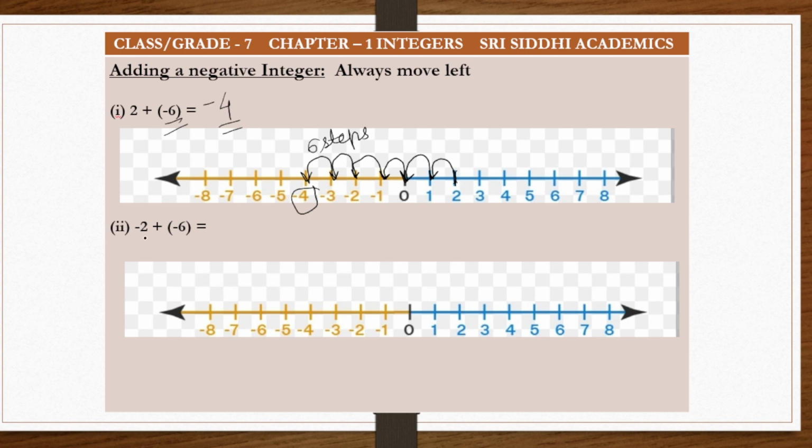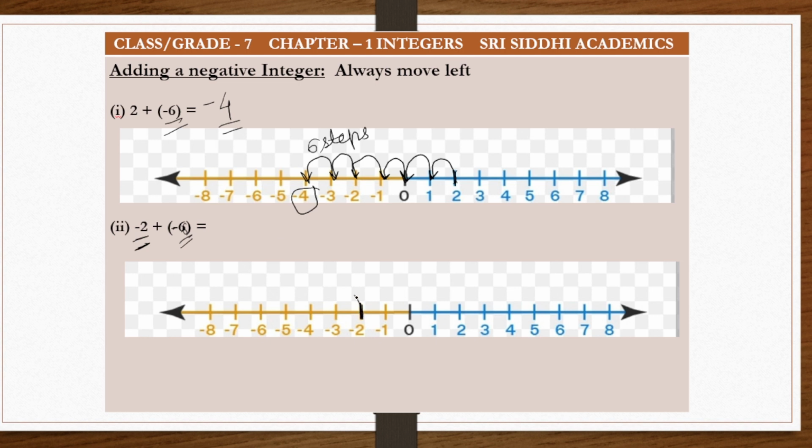Second question is adding a negative integer, but here also the position is minus. We are starting from a negative integer, minus 2, and we will move towards left. So minus 2 is our initial position and minus 6 determines we move towards our left, and the absolute value 6 determines that we'll take 6 steps towards our left.